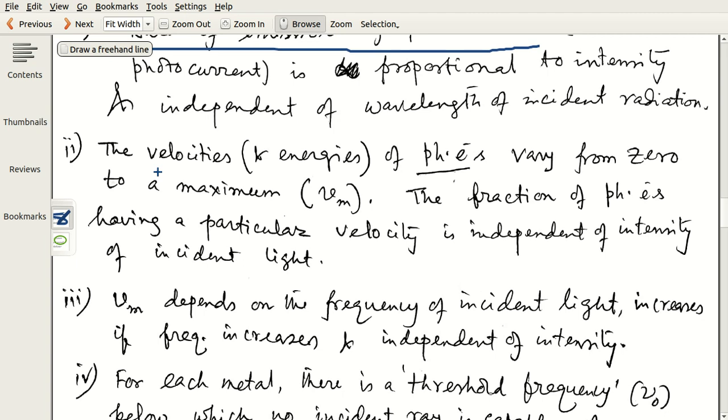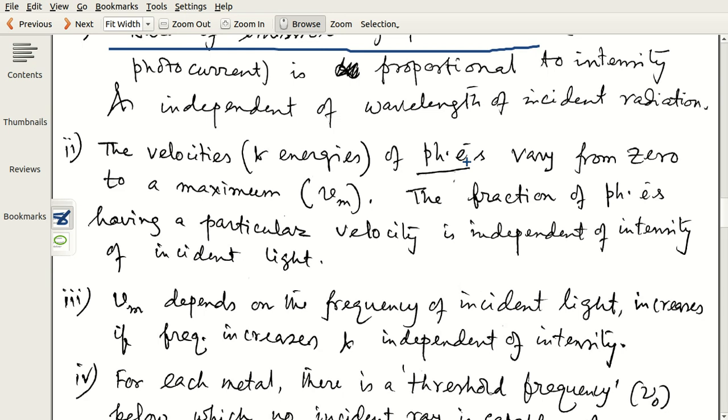And the velocity, small v, and the energy, that means half mv square, of photoelectrons vary from 0 to maximum. Say you are applying some wavelength which is capable of ejecting photoelectrons. Now, if you use the stopping potential at that point of time, the velocity of electron is minimum, say 0.